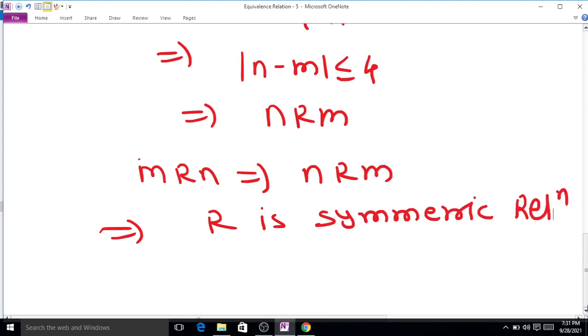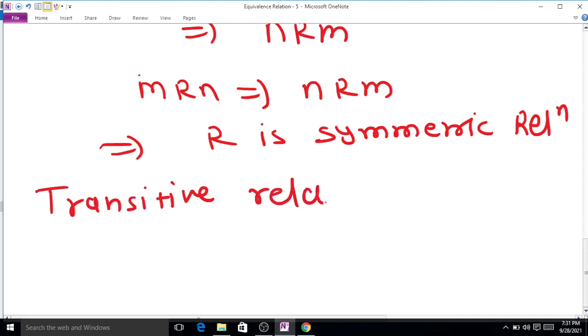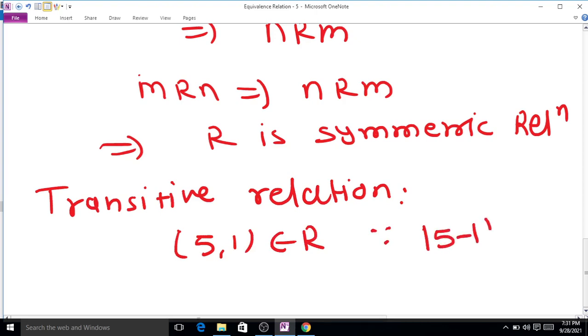Now, third, transitive relation. The pair (5, 1) belongs to R, since the distance between 5 and 1 is less than or equal to 4.